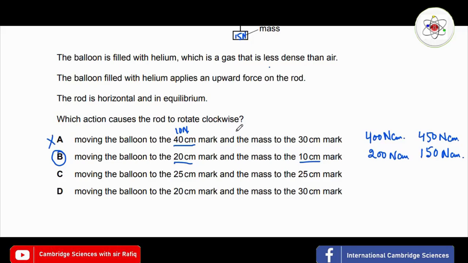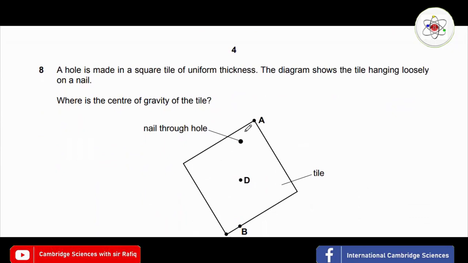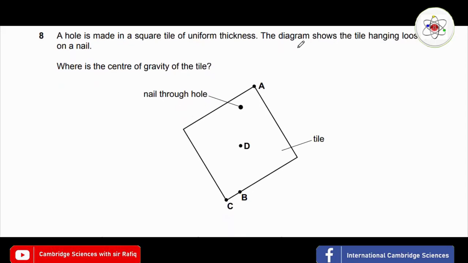Okay, moving on to the next question. A hole is made in a square tile of uniform thickness. The diagram shows the tile hanging loosely on a nail. Where is the center of gravity of the tile? You know the center of gravity of a uniform object.